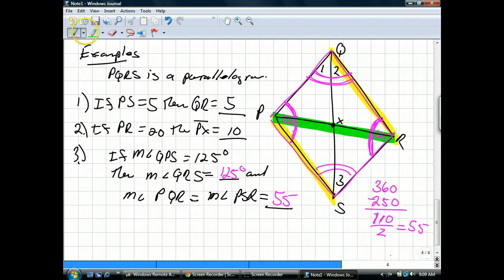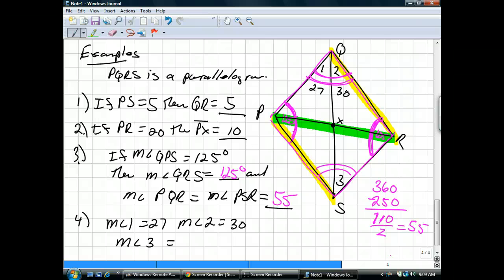Okay, and number 4, if measure of angle 1 equals 27 and measure of angle 2 equals 30, then measure of angle 3 has to equal what? Okay, so this is 27 and this is 30. Okay, then measure of angle 3 also has to be 27.